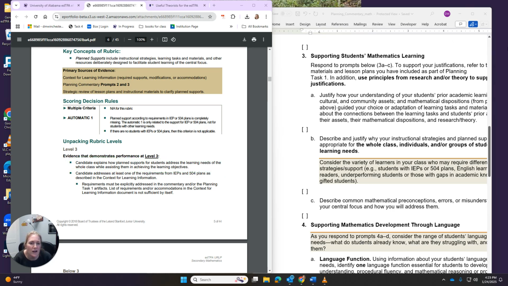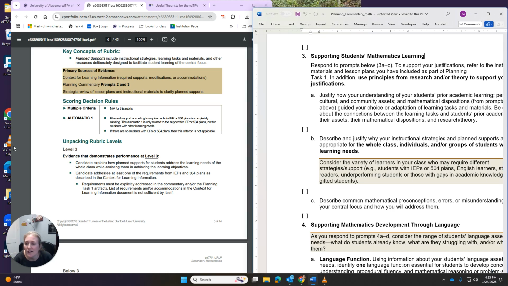Well, coming down here, I'm looking at 3A. I'm sorry, no, it's part 3B. 3B is where I am describing how those plan supports, look right here, plan supports.